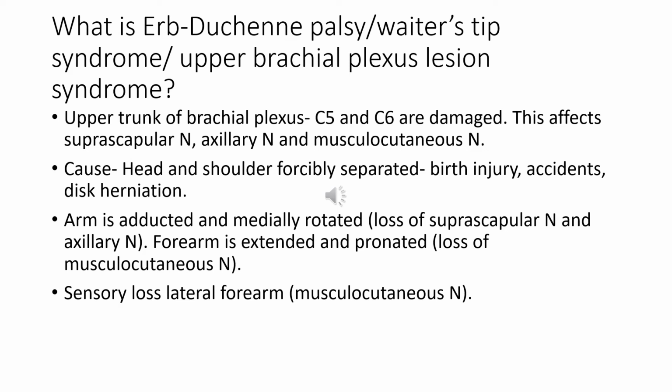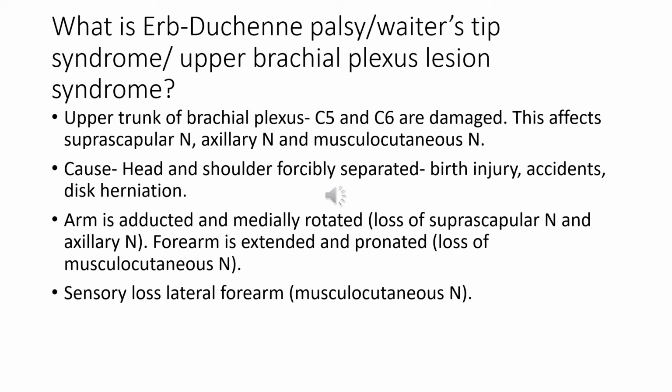This affects the suprascapular nerve, axillary nerve, and musculocutaneous nerve. Now, axillary and musculocutaneous you will remember because they are the nerves coming from the upper part of the brachial plexus. Also, the suprascapular nerve.